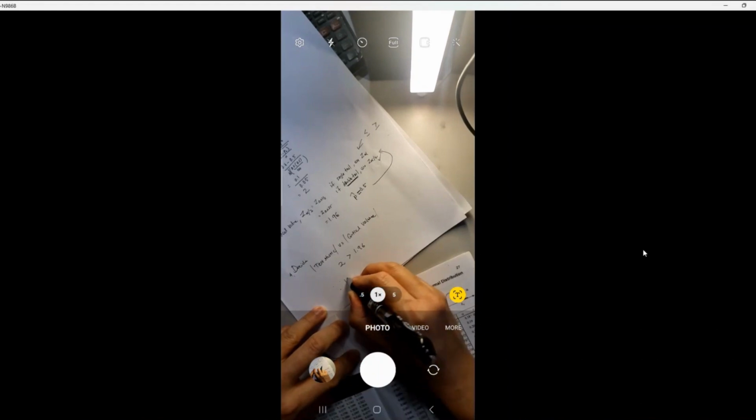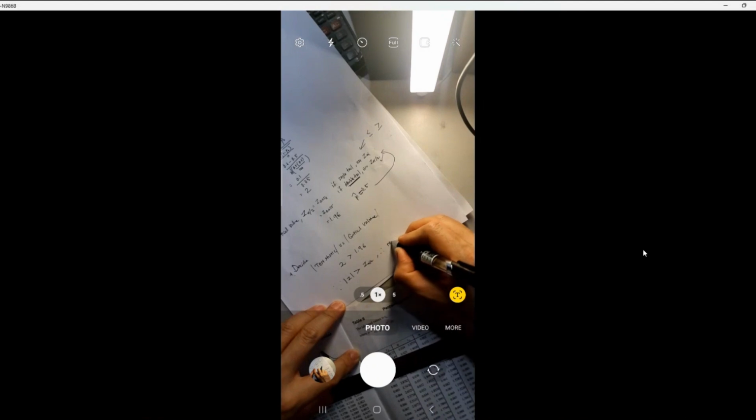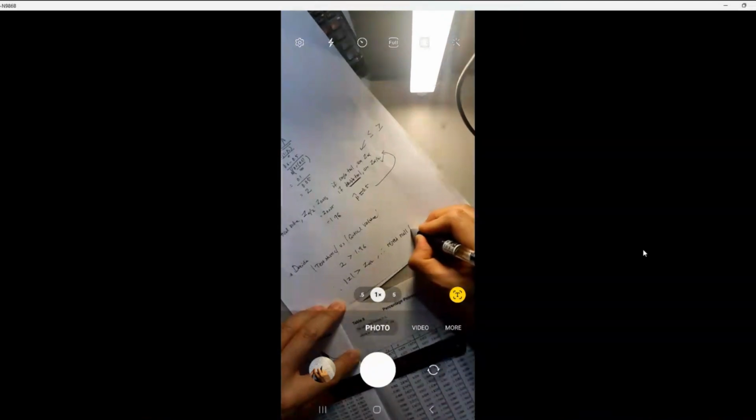1.96, right? If Z is greater than critical value, then reject null hypothesis. Since above is bigger, right?